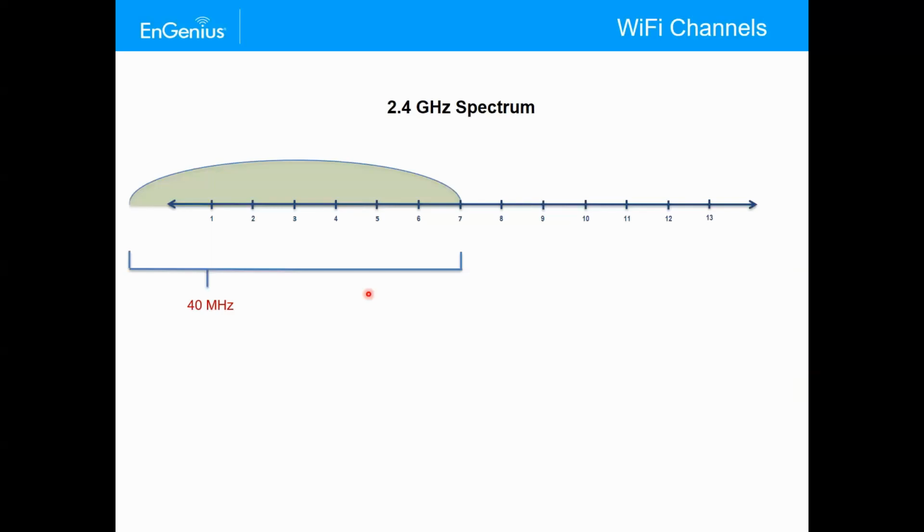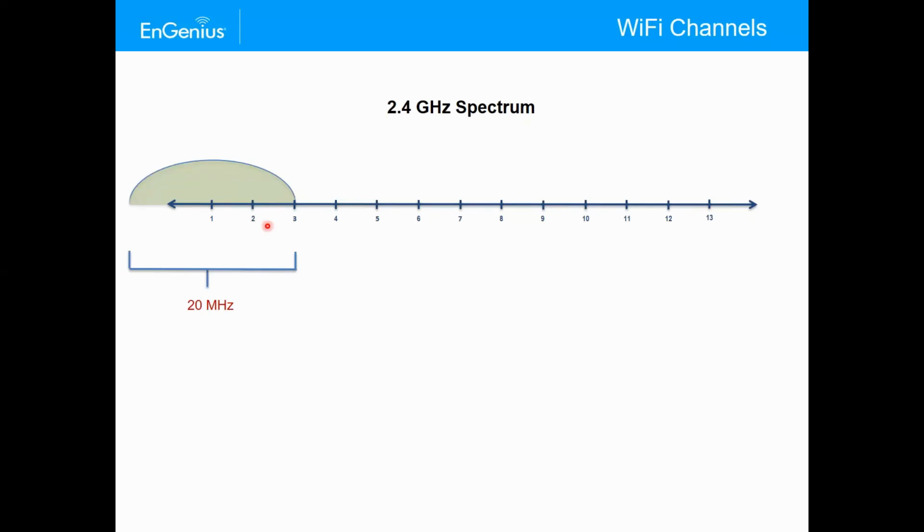So this is synonymous to channel bonding. So let's say I have an access point, I set it to channel 1 at 20 megahertz. So these are the frequencies it occupies. It has a certain maximum bandwidth or speed that it can allocate.